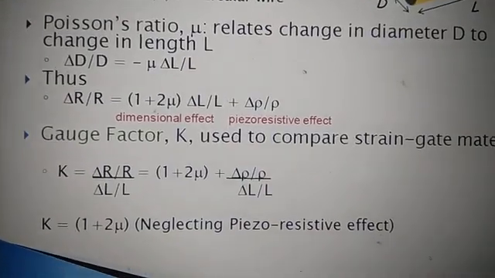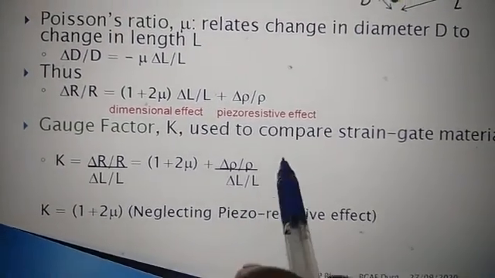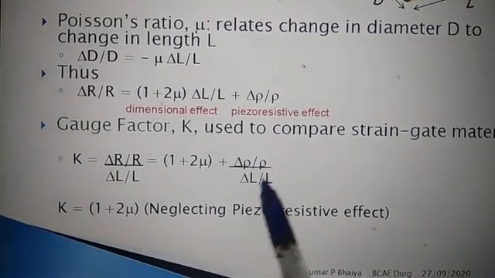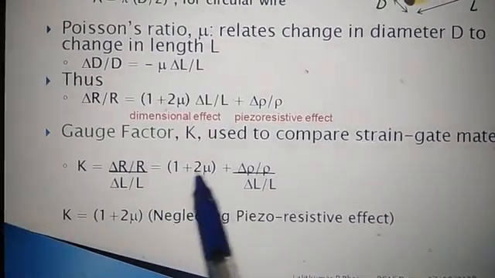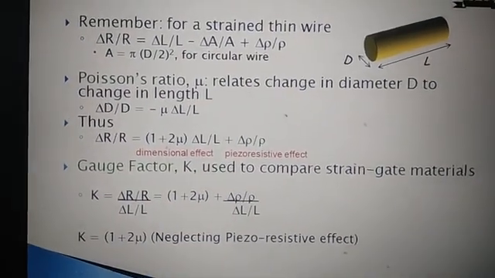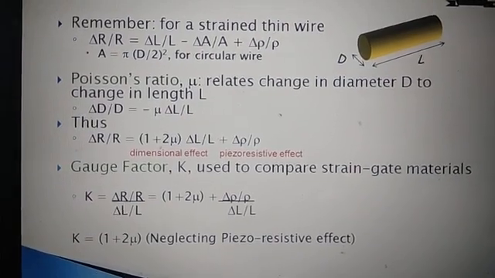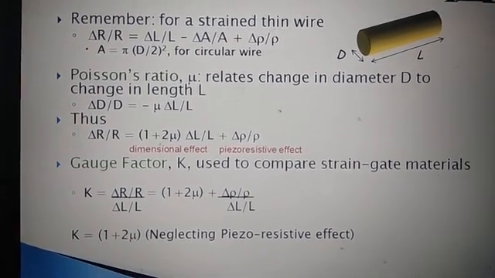If you neglect this piezoresistive effect, then K is equal to 1 plus 2 mu, where K is the gauge factor and mu is the Poisson's ratio.